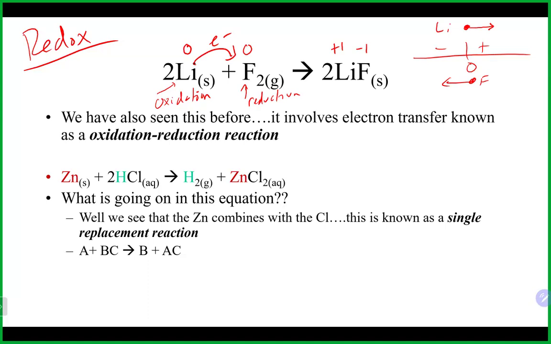Now, a more specific classification of a redox reaction is one that we see here. This is what is known as a single replacement reaction on the bottom. In a single replacement reaction, which is a more specific classification, you have A plus BC.